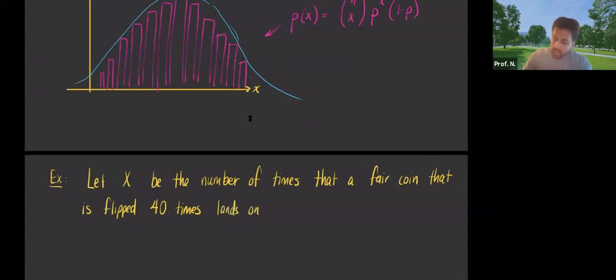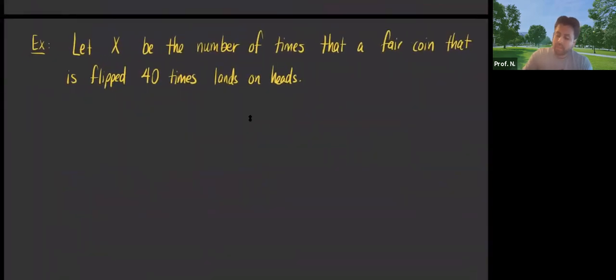So we've done things like this, right? So x is a binomial random variable because you're flipping a coin and it has two outcomes. And we're doing this 40 times. So this here will be my n. And because it's a fair coin, p is a half.